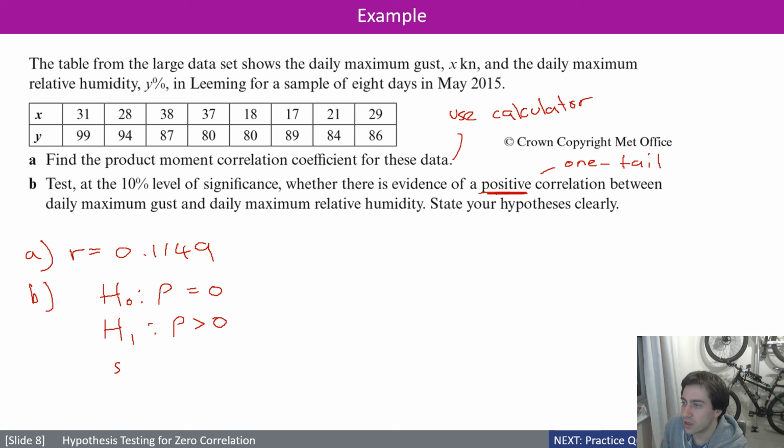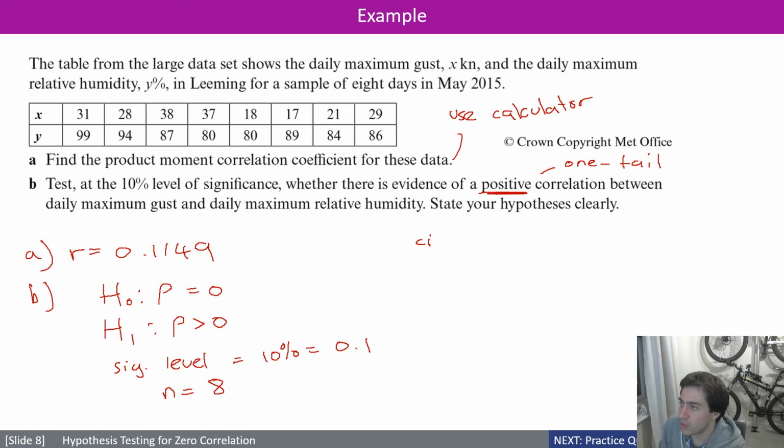Okay. Significance level is 10%. And we don't have to change it. We don't have to halve it because it's one tail. That's 0.1. What is our N, the sample size? Well, we've got 8 days. So it's 8.